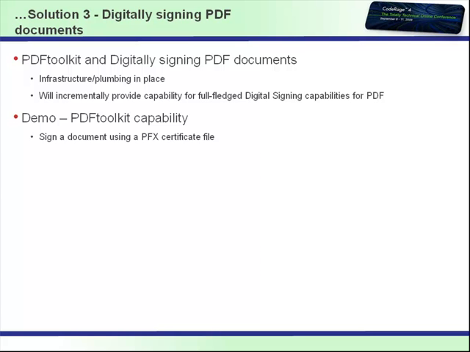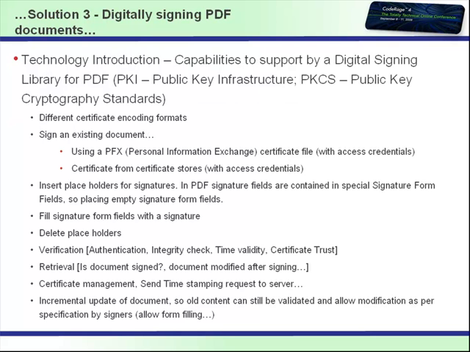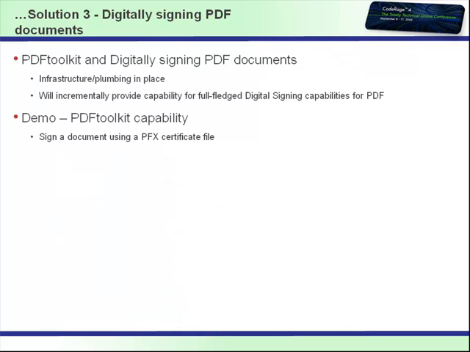The basic plumbing is in place, and we will slowly or incrementally be providing all the capability that I just showed here into the toolkit so that we have full-fledged support for digital signing. Right now in this demo, we will take an unsigned PDF document, use a PFX file and sign it, and also look at the code for doing that.